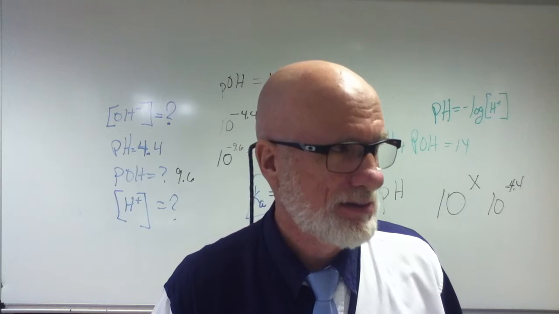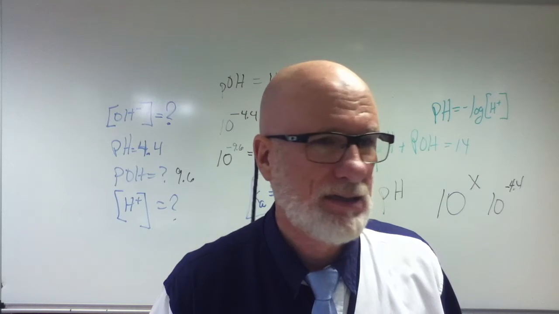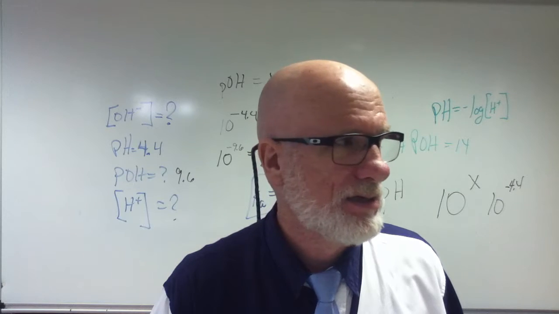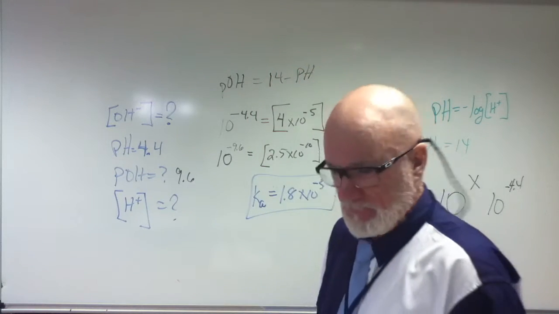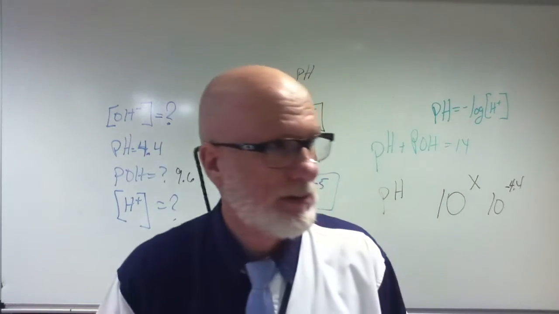I think that 14 has something to do with pH. Correct. Very good. And it's the number that I was arguing with you about incorrectly days ago, and I said it equals 1.